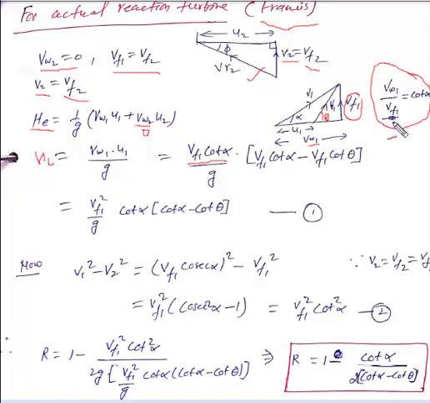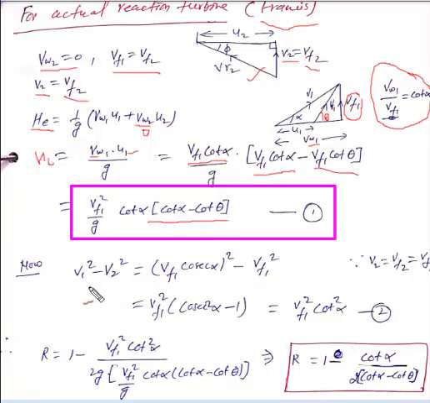Then by rearranging this equation, in place of Vw1 we have Vf1 into cot alpha. Again we put the value of U1. From this triangle we get Vf1 cot alpha minus Vf1 cot theta. Therefore by rearranging this equation we get HE is equal to Vf1 square divided by G into cot alpha in bracket (cot alpha minus cot theta). This is equation number 1.